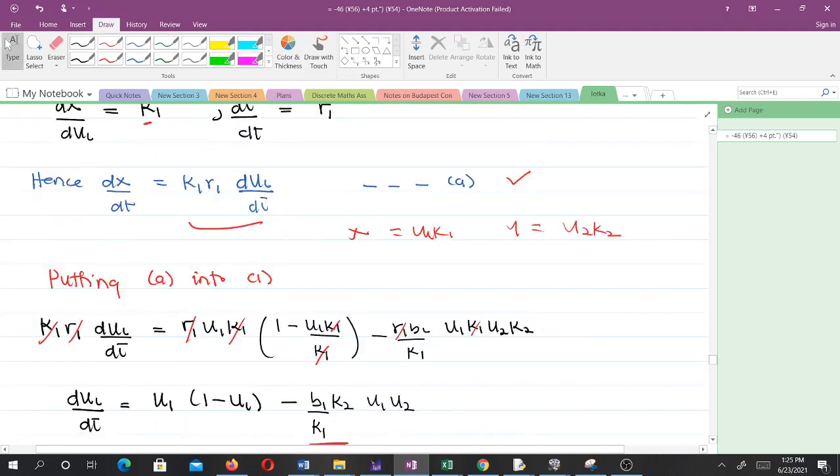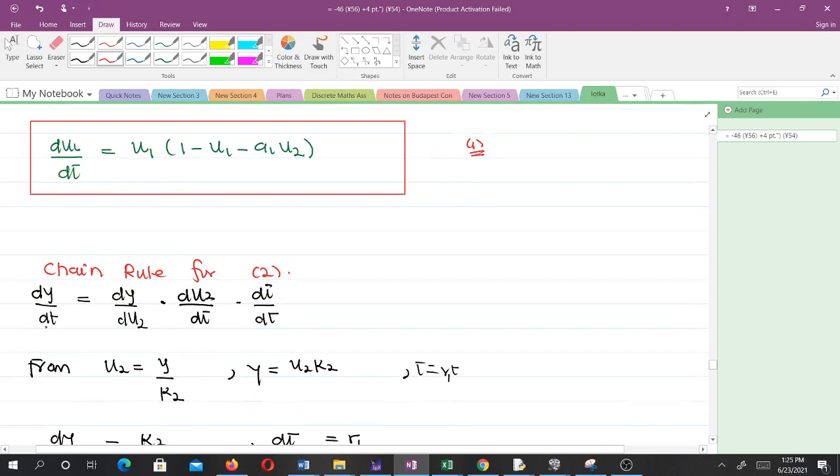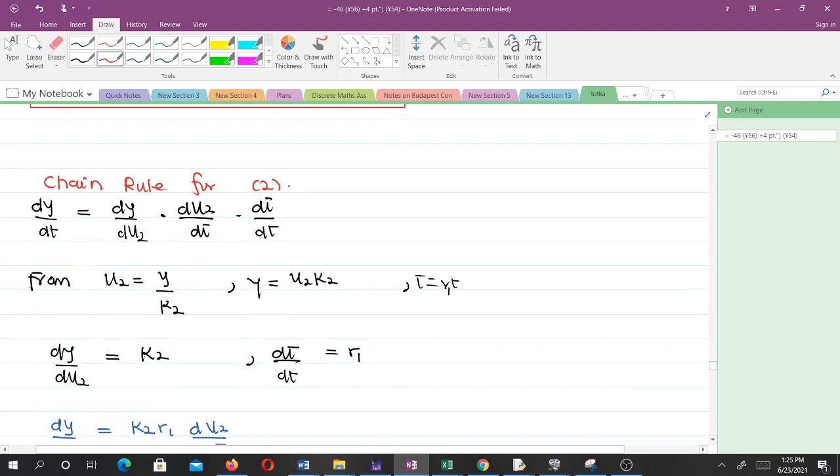So writing a chain rule for equation 2, we would have dy/dt equal to dy/du2 times du2/dtau times dtau/dt. So we would have to find dy/du2, right? From u2 equals y over k2, y will be equal to u2 k2, and tau is r1 t from the equations we defined above.